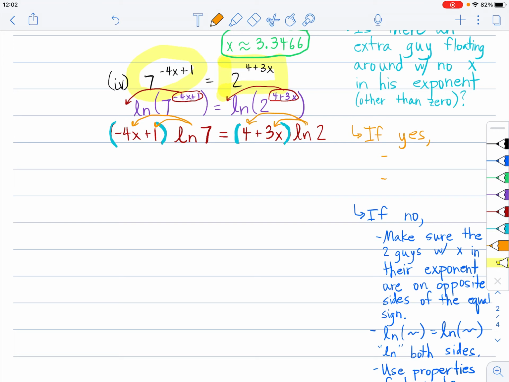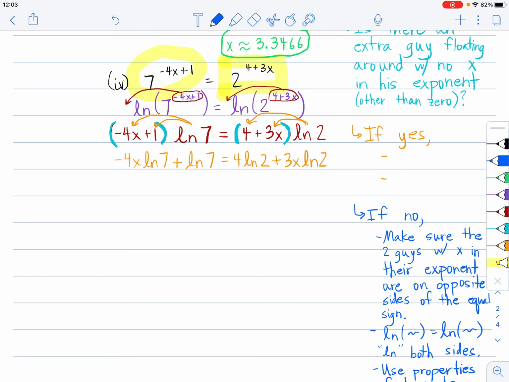And so this is negative 4x ln 7 plus 1 times ln of 7 is ln of 7. We don't stick anything in our calculator until the very end. That is going to equal 4 ln 2 plus 3x ln 2.